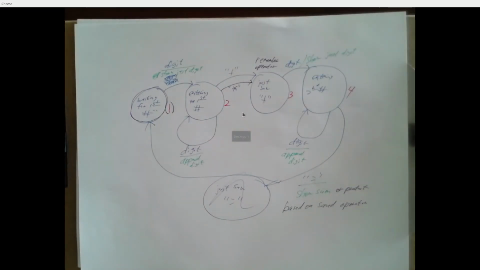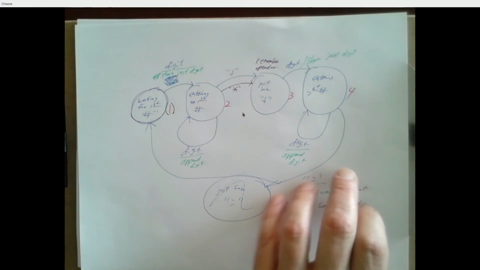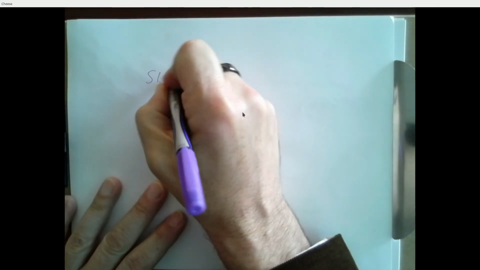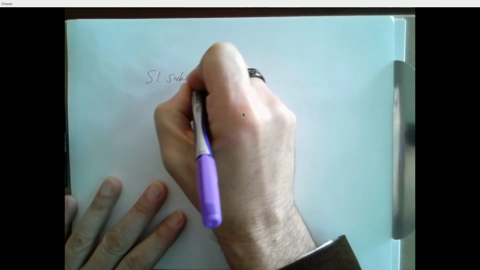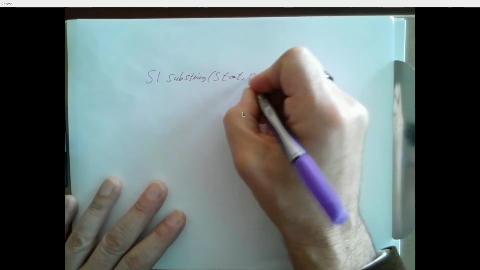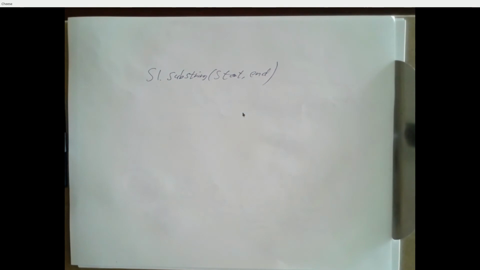Well, strings come with all sorts of methods. And there's a method called substring. And you pass two integer arguments, a starting location and an ending location.